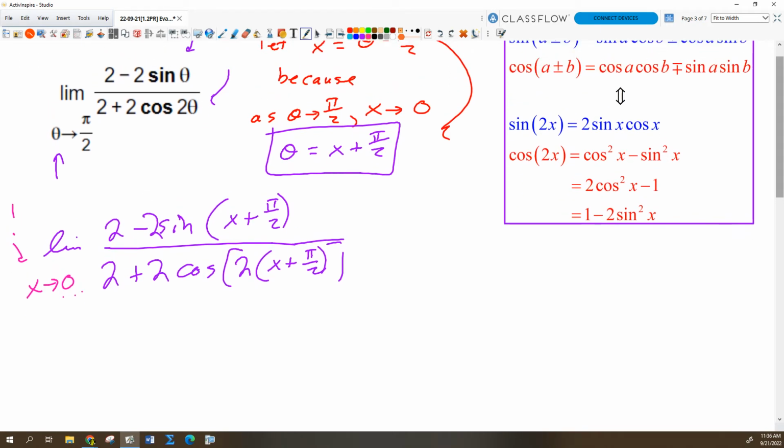And I know, you tell me, how comfortable are you with your trig identities? 5 meaning I feel like I know these things so well, 1 meaning I don't even know what a trig identity is, or somewhere in between. Okay, because we've got to practice that a little bit.